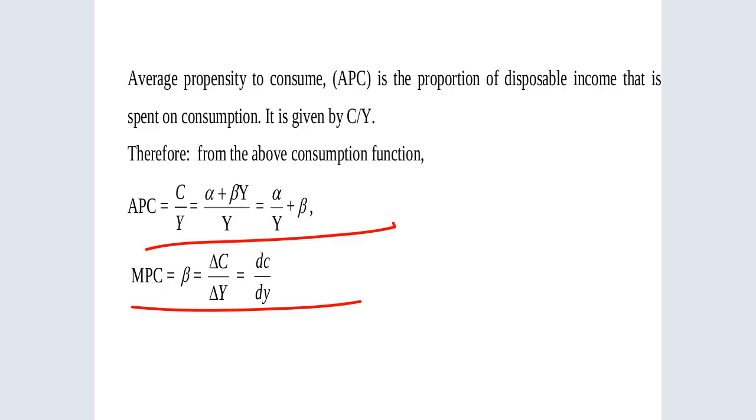That is a simple consumption function that we have discussed. So it is important that you note the autonomous consumption, and also you note the marginal propensity to consume, that is the MPC.